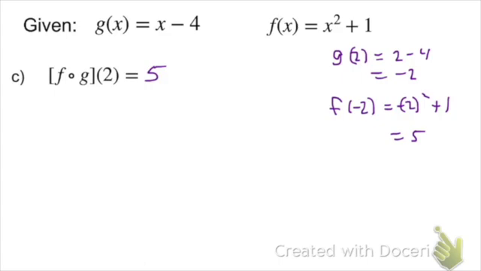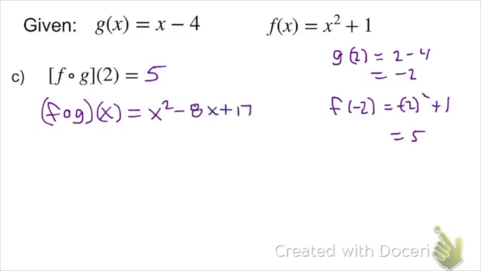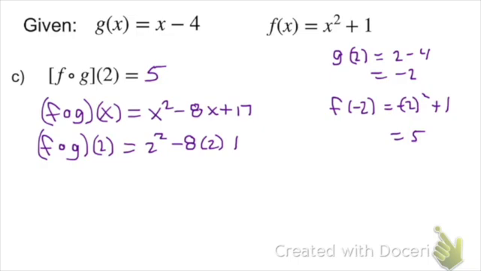That is one of the ways to do it. But from before, on the previous slide, we found that f of g of x is x squared minus 8x plus 17. So now if we do f of g of 2, we get 2 squared minus 8 times 2 plus 17.